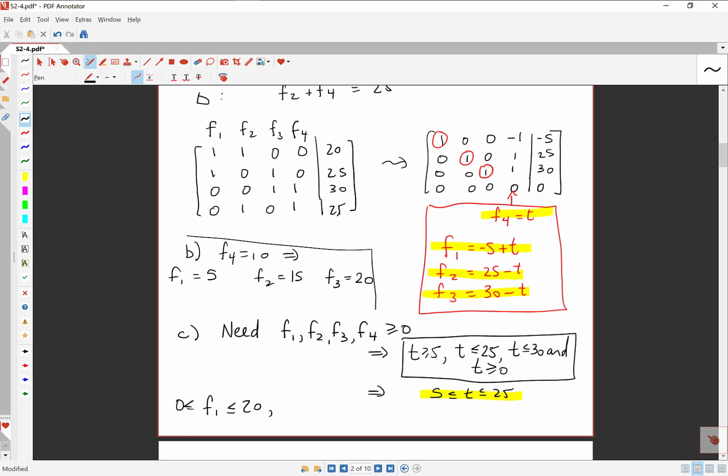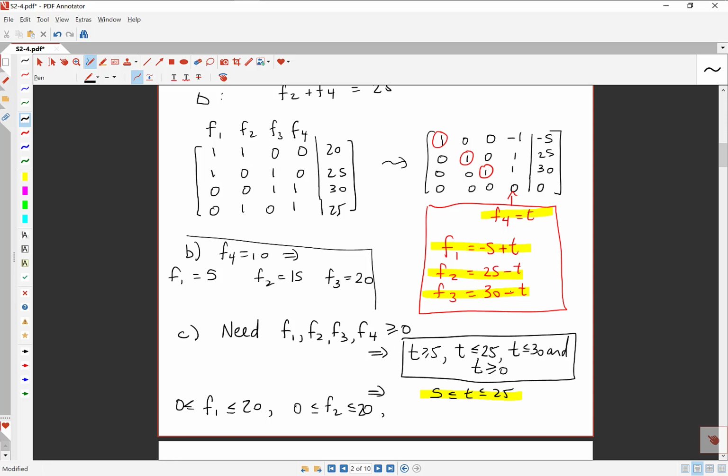For F2, when we sub in T equal 5, we get 20. And when we sub in T equal 25, we get 0. So again, F2 is running between 0 and 20. So F2 can take on any values between 0 and 20, depending on what the value of T is. Okay, and then let's try F3.